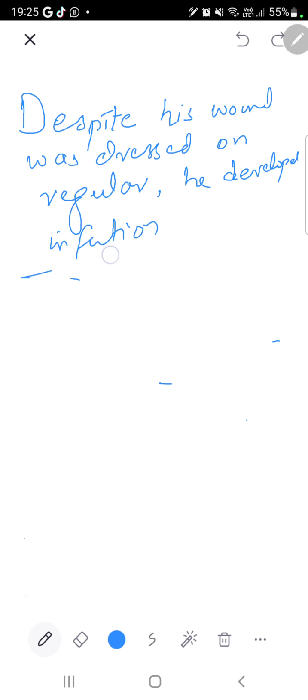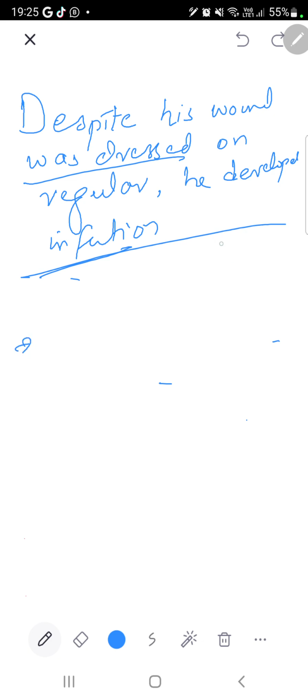So it's again a contrast. Despite his wound was dressed on regular basis, he developed infection. That means I have used this in the same tense. I can change it: Despite his wound had been dressed on regular basis, he developed infection, right?